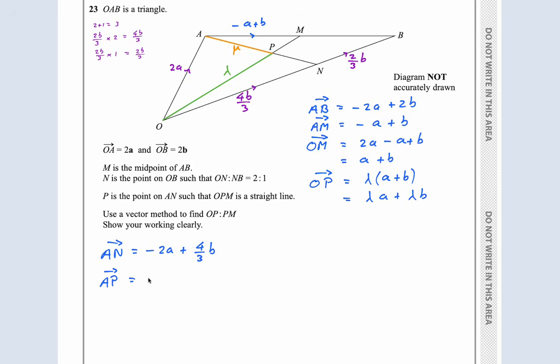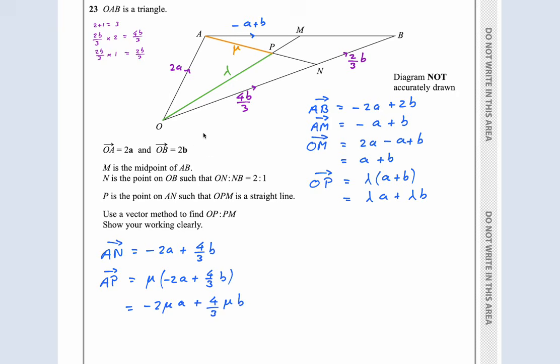AP is then mu times this, mu times minus 2A plus 4 over 3B, which is minus 2 mu A plus 4 over 3 mu B.